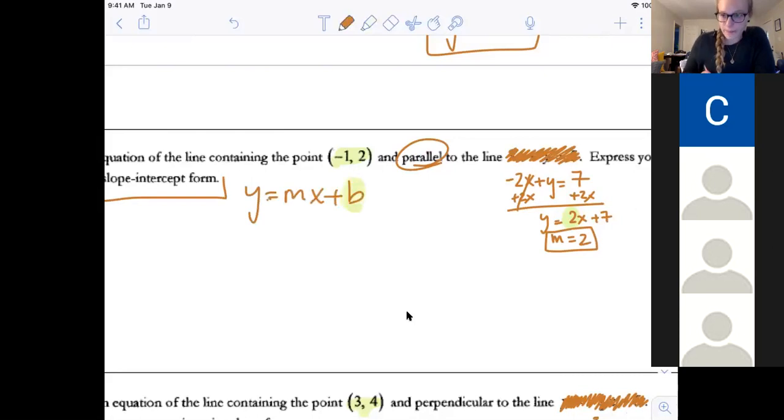So would it be y equals 2x minus 1/2? Well, we don't know what b is yet. Why don't we use 1 and 2 for my x and y? So let's take out x and y. What goes for y? 2. Good. And then what goes for x? -1. Awesome. There we go.